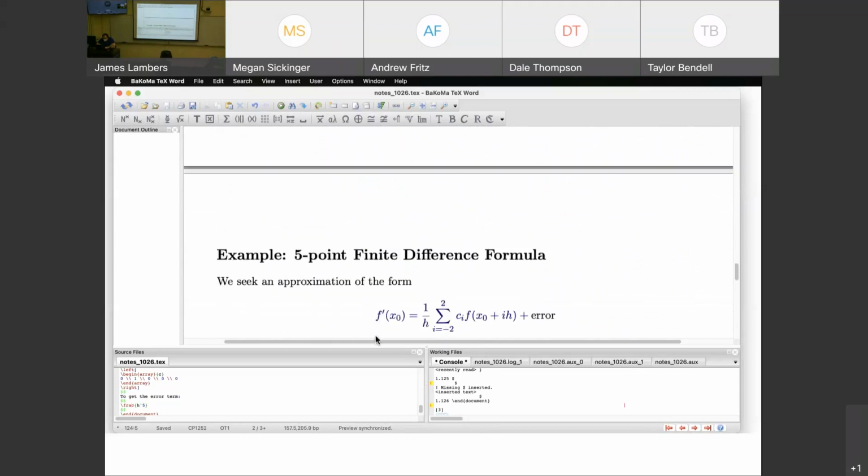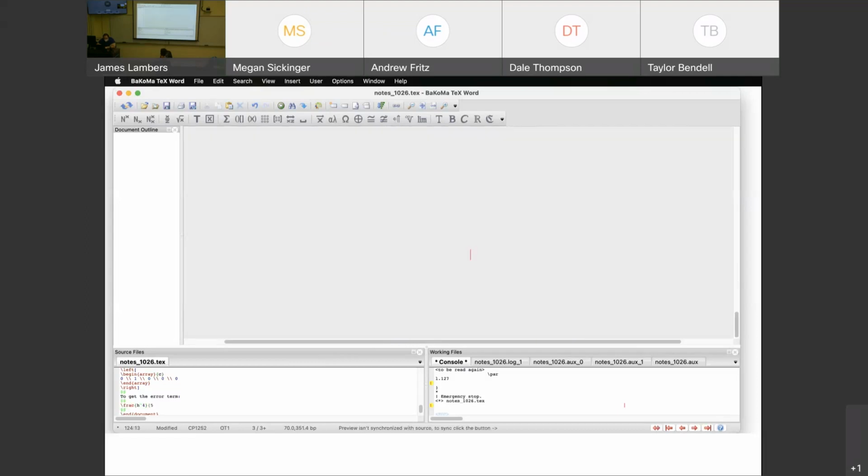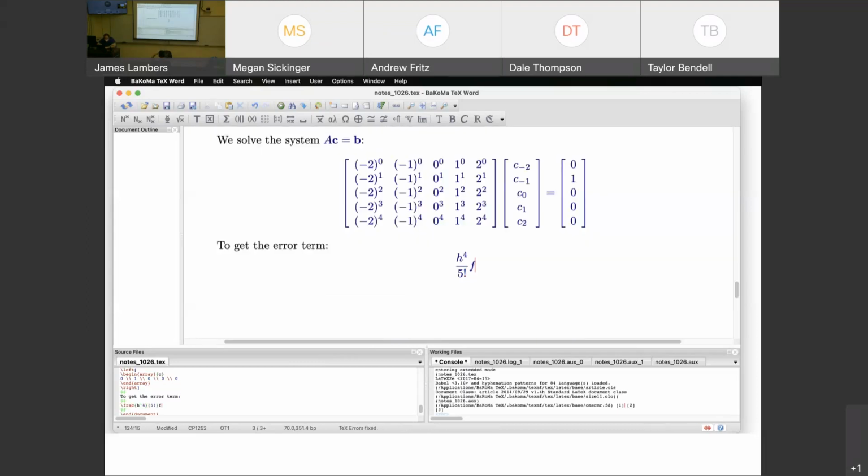So similarly, the h to the 4th over 5 factorial times the 5th derivative at an unknown point. And then what we're going to have is minus 2 to the 5th times the corresponding coefficient. It should be to the 5th power, not the 4th.